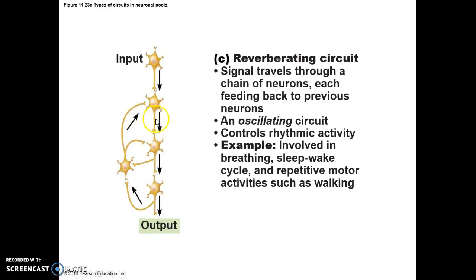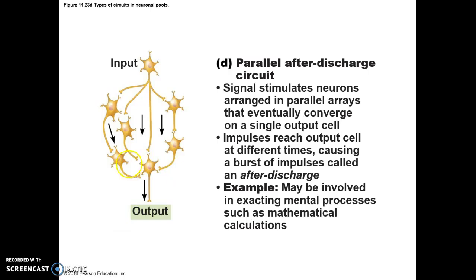This is involved in breathing, sleep-wake cycles, and repetitive motor activities such as walking. This is something that assists and makes our nervous system more efficient. The last one is parallel after discharge circuits. This may be involved in exacting mental processes such as mathematical calculations and so forth. So this is called a parallel circuit.